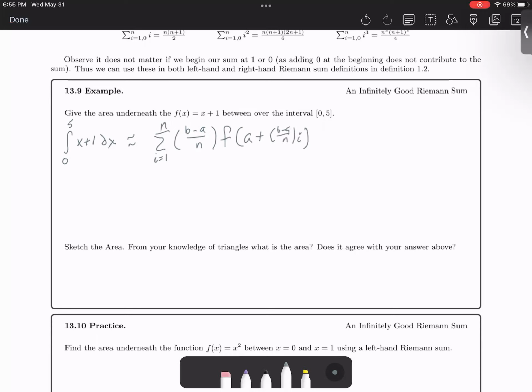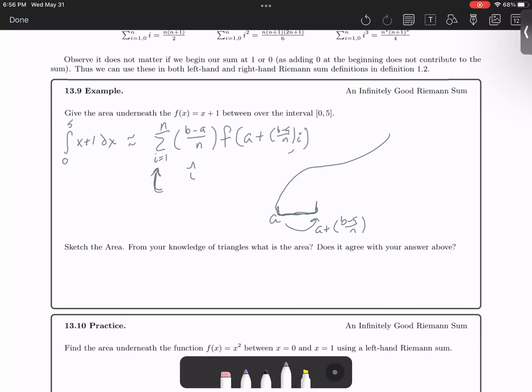So just a quick word about this. If you've got a function, here's a. So the base of your rectangle is b minus a over n. So if you move over to a plus b minus a over n, then you moved over, that's your first rectangle. And we're using a right-hand Riemann sum because i is starting at 1.